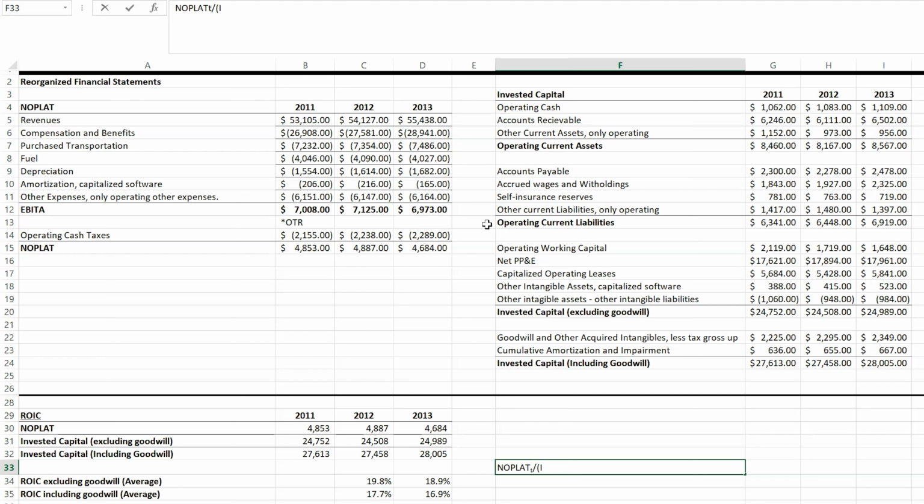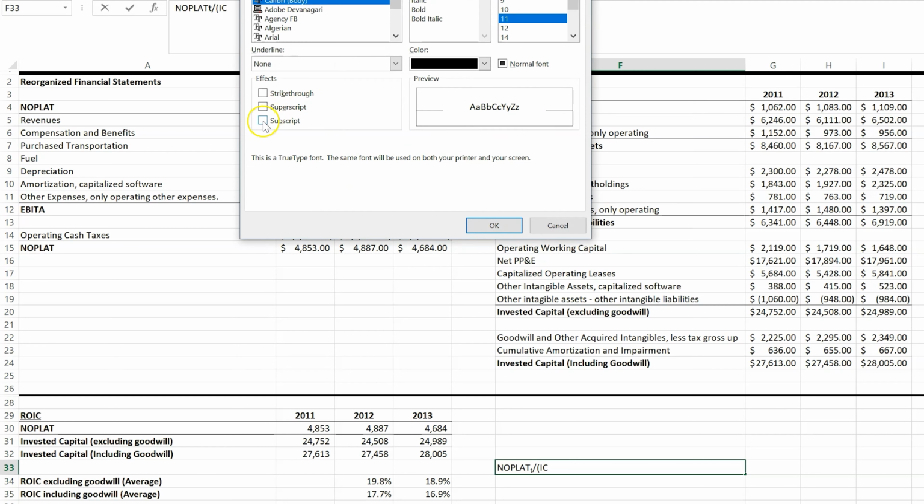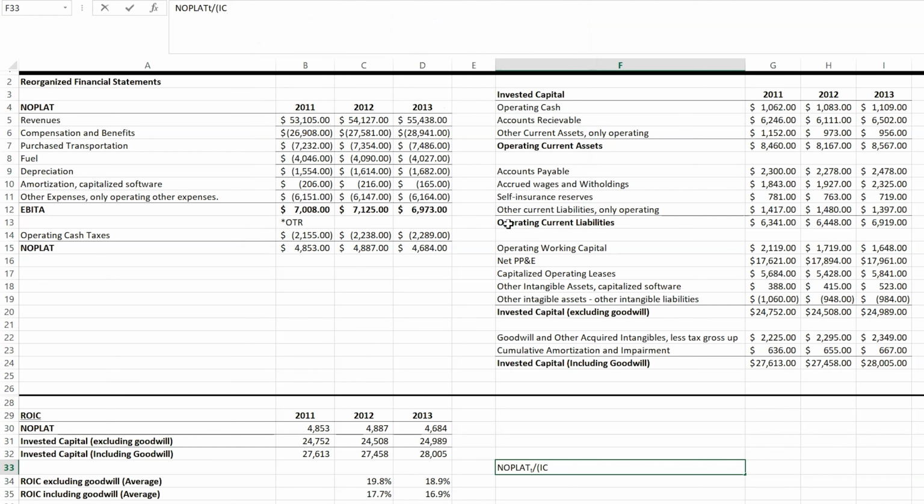I'm just going to write IC here, invested capital, the average of invested capital over the past 2 years. So we have invested capital this year plus invested capital at T minus 1, divided by 2.